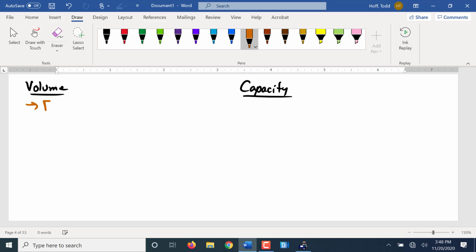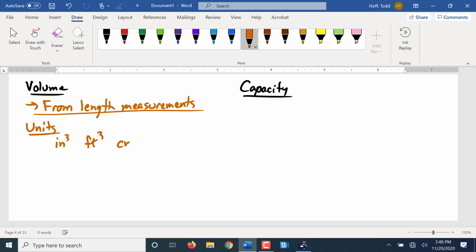Volume is from length measurements, and the units are length units cubed. Inches cubed, feet cubed, centimeters cubed, meters cubed, whatever. Whatever length unit we use, it's that unit cubed.